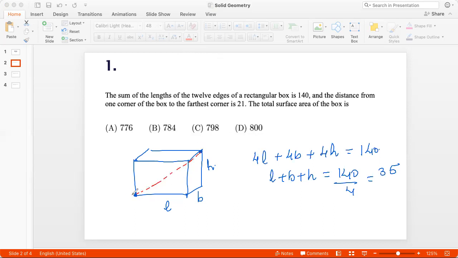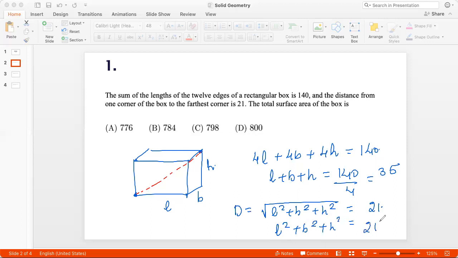This distance, the extreme distance, in the case of a rectangular box, is given by d, which is also known as the body diagonal, the square root of L square plus B square plus H squared, right? And this distance is given as 21.